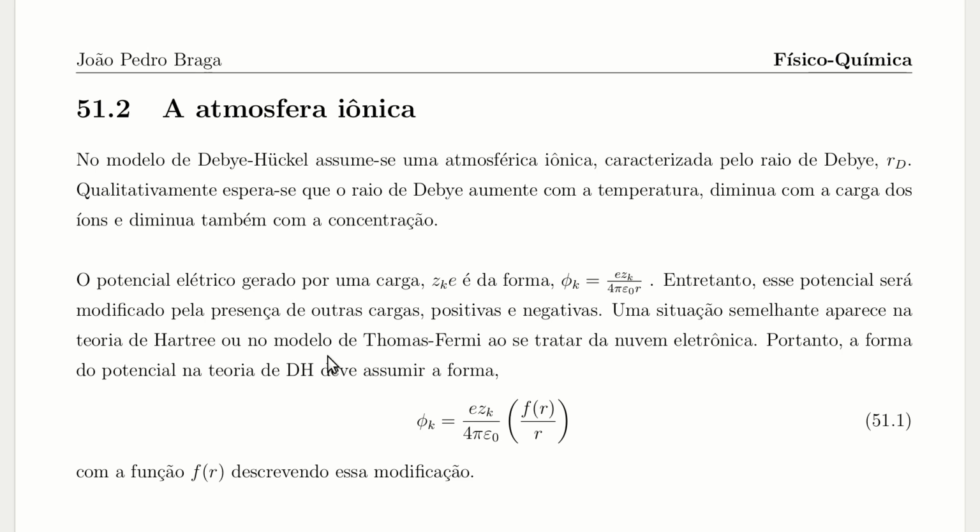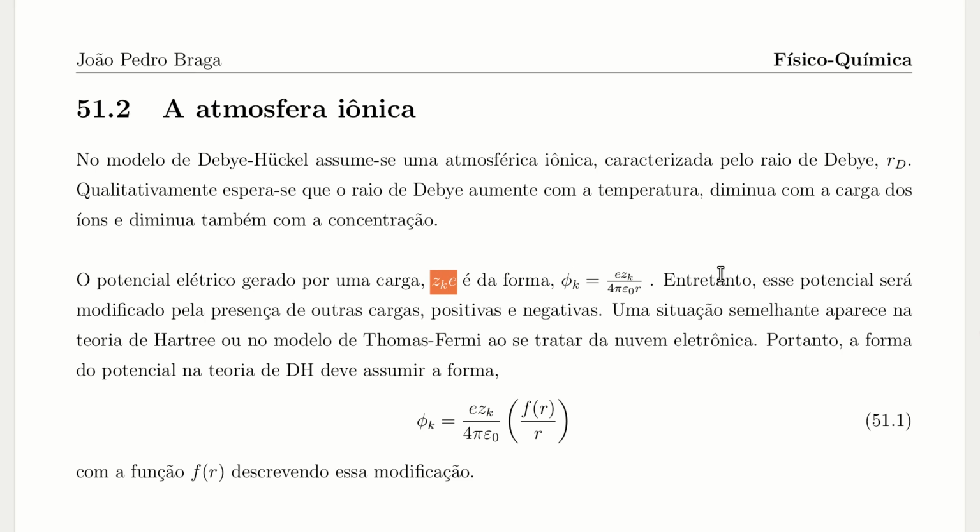In the Debye-Hückel approximation, it's assumed an ionic atmosphere that's characterized by something called the Debye radius. Of course, this Debye radius will depend on temperature and concentration of the particles. The electrical potential generated by a charge Ze depends on 1 over r.